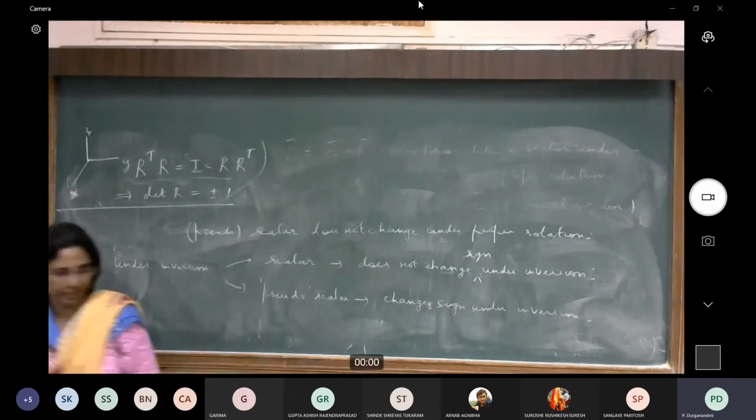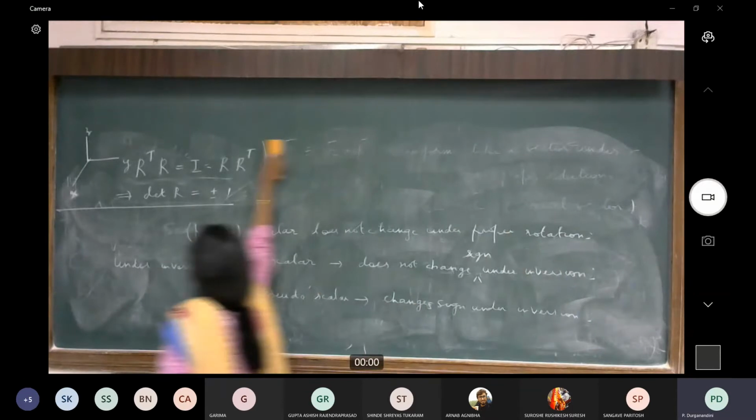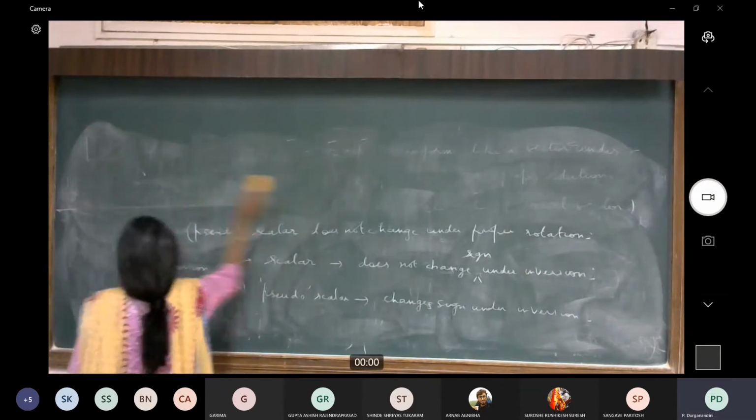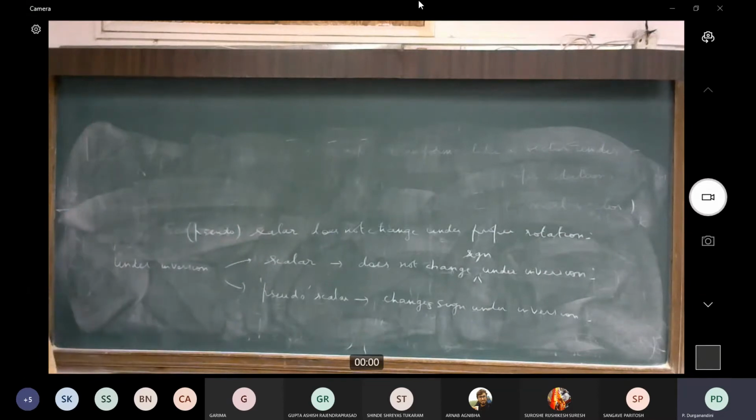Now, similarly for a vector, what we found is that normally for a vector, what I would expect is that it changes sign, just like the position vector. Under inversion, I expect that it should change sign.